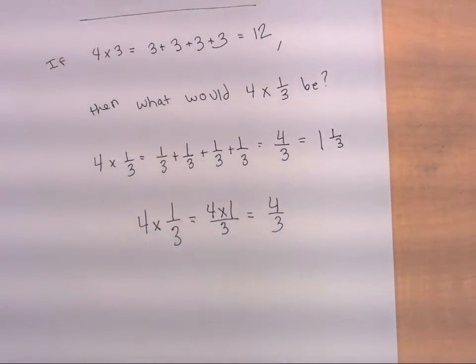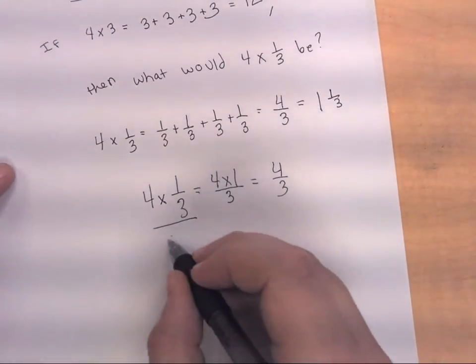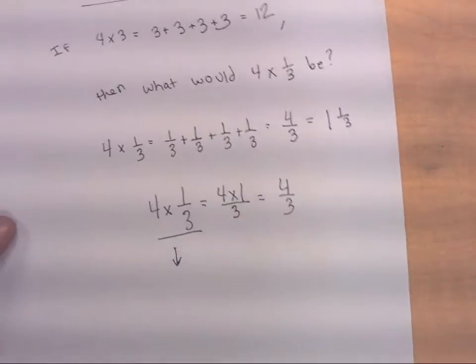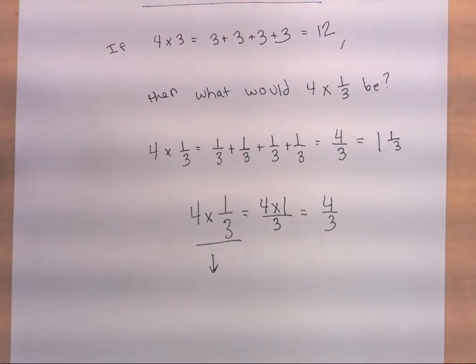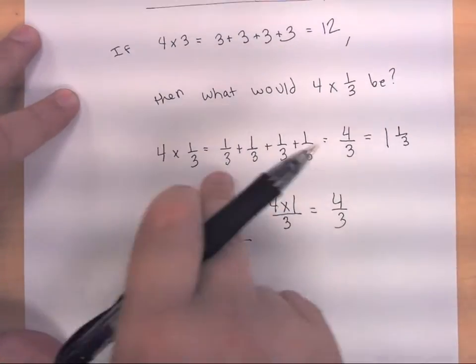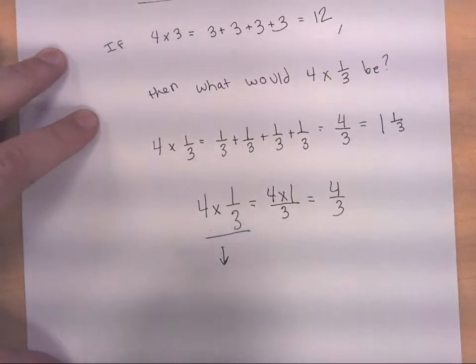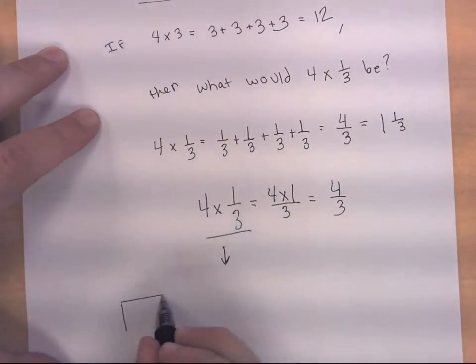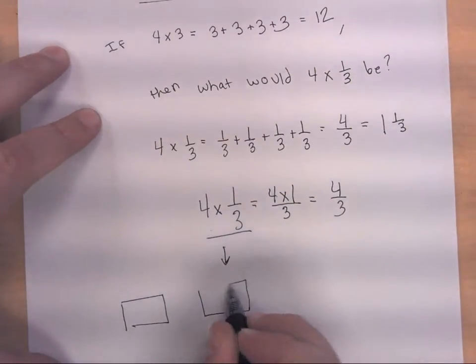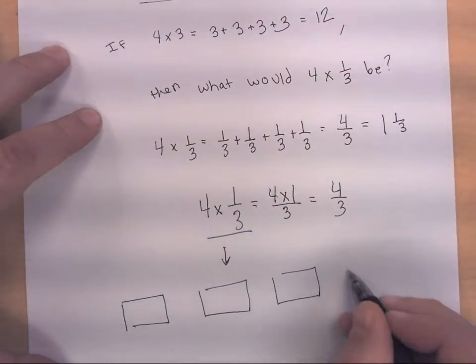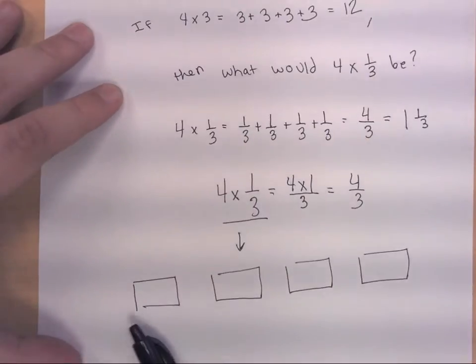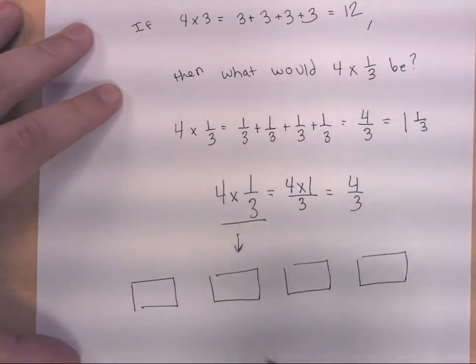But what was really interesting was many students decided to use what they know about dividing and the diagrams we've been using to actually create a diagram that shows 4 groups of 1/3. So I had several students throughout the day draw a diagram like this. So 4 boxes to represent 4 wholes.